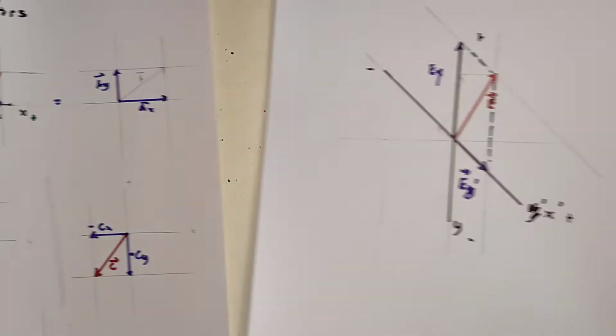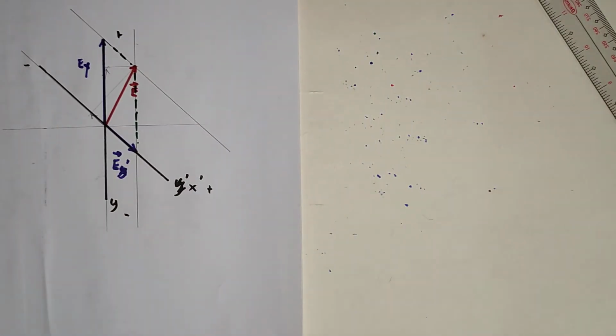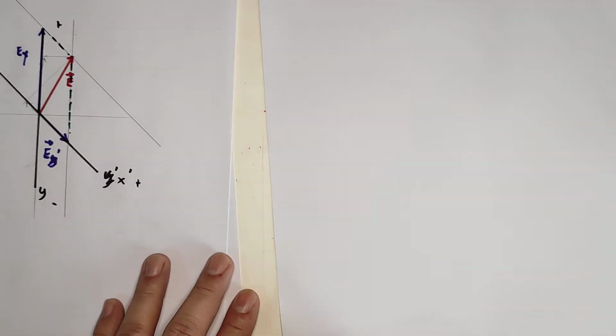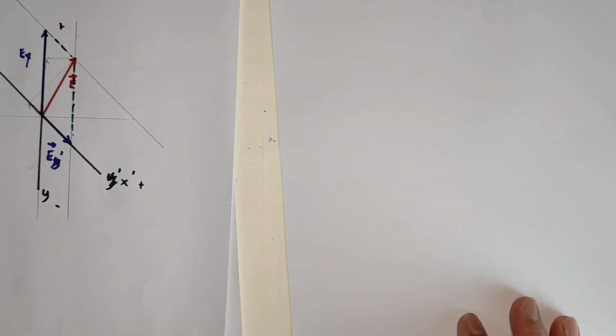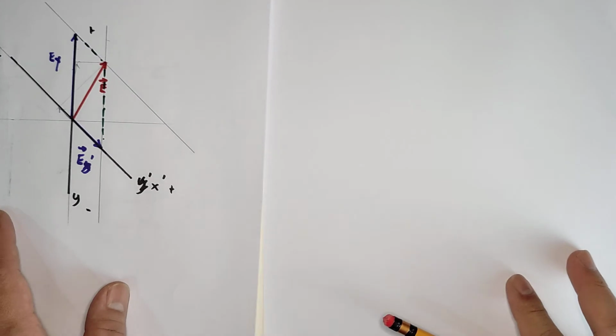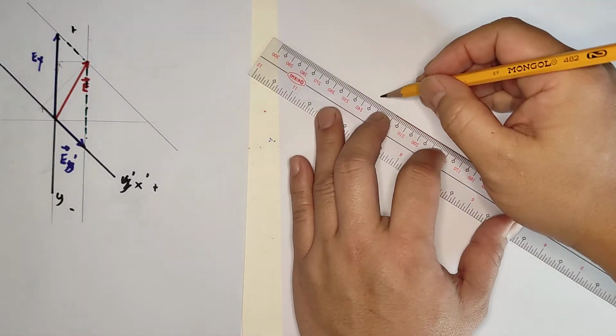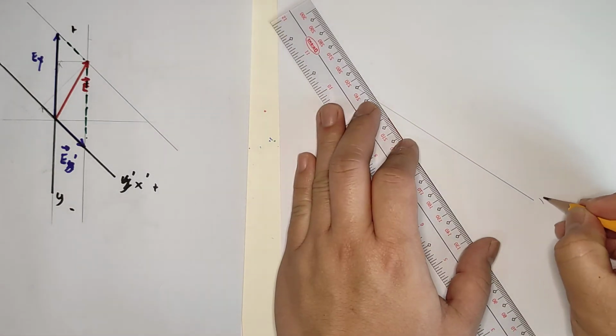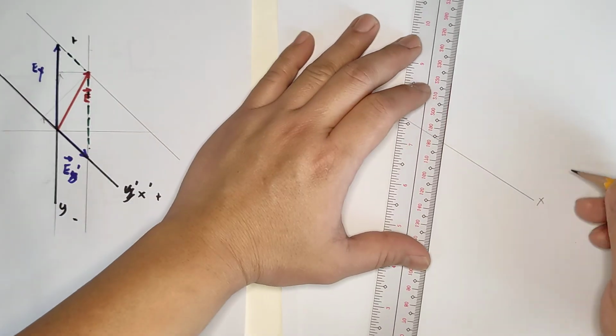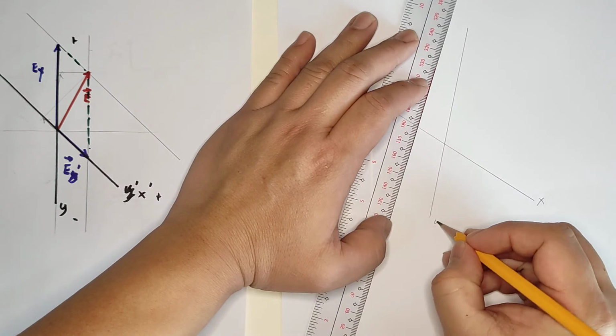Now let's have another example so that you will remember. Okay, let's make it like this. This is x and this is y.